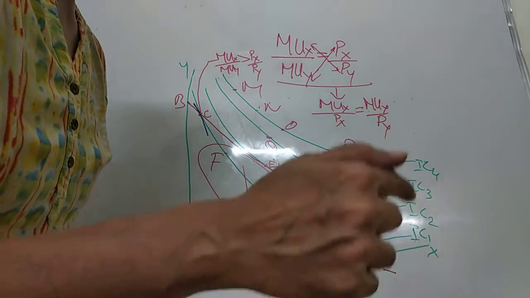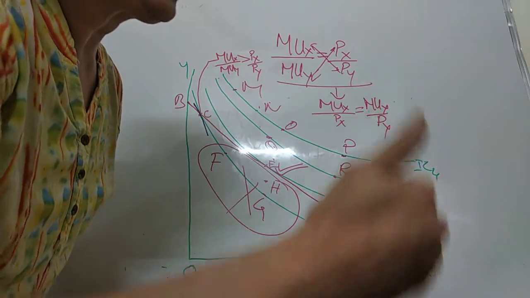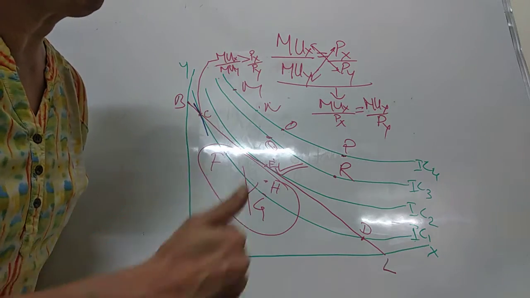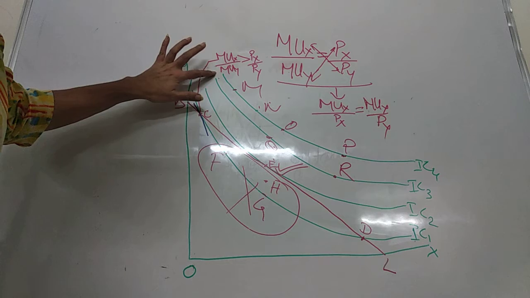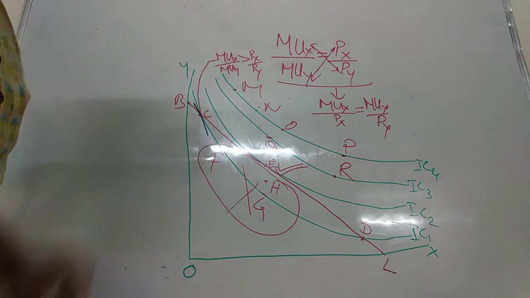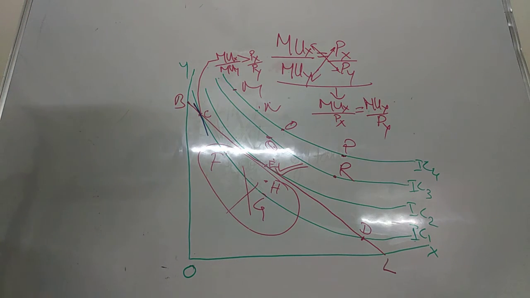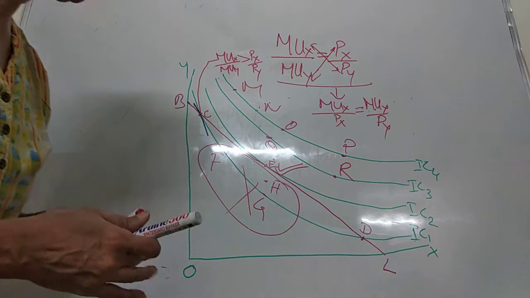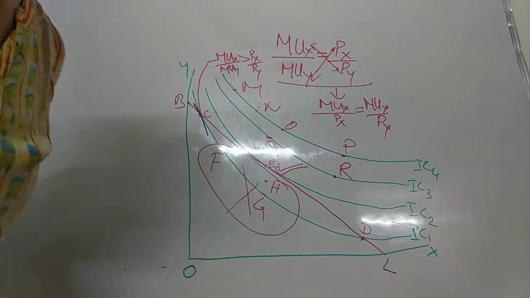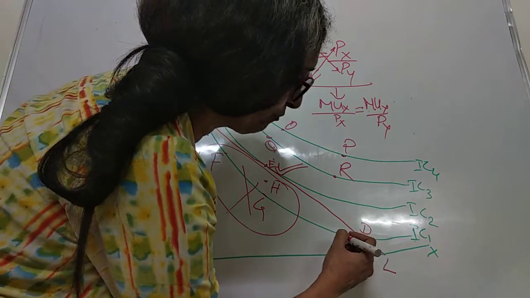till a level is reached where MUX has fallen and MUY has risen to the extent that MUX upon MUY is equal to PX upon PY, which will be point E. Now consider the point D. If we draw a tangent to find out the slope of IC1 at point D, then what do we see?